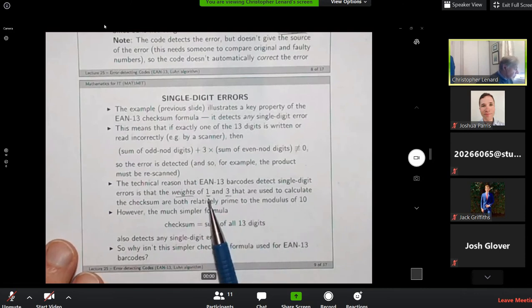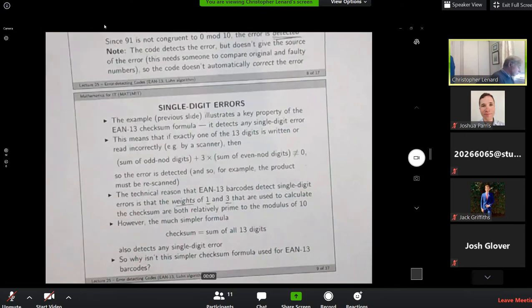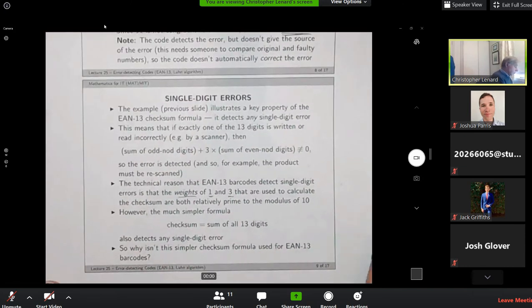Basically, 1 and 10 don't have any factors in common apart from 1, and 3 and 10 don't have any factors in common except for 1. So they're relatively prime, co-prime to 10. That's one reason it works. There's actually quite a bit of mathematics involved in explaining why.